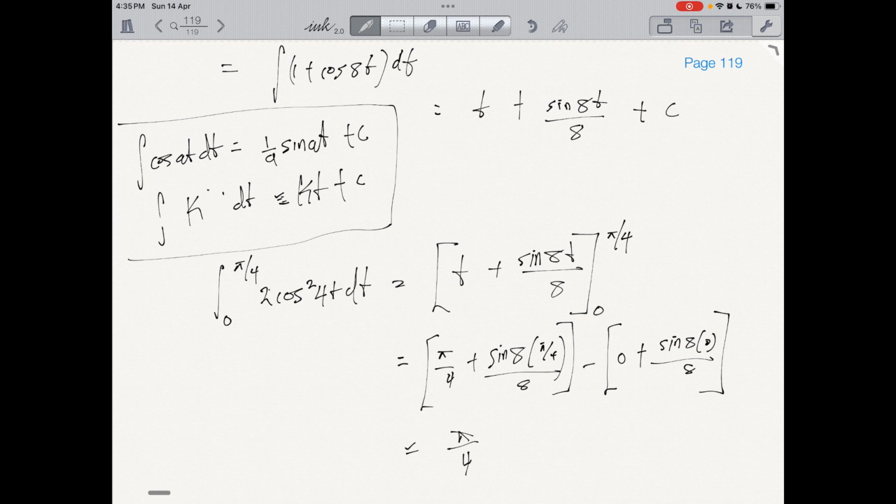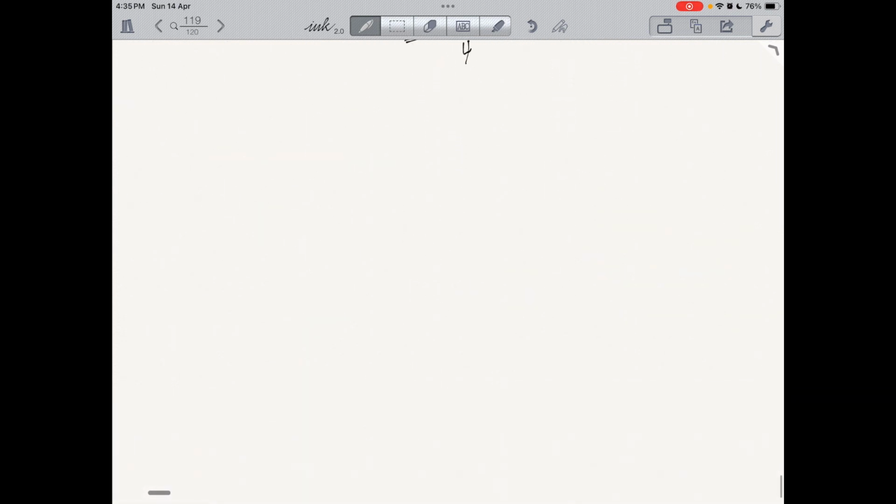Let's consider how to integrate sine square 3x with respect to x. Now, we recall that cos square x plus sine square x is equal to 1.